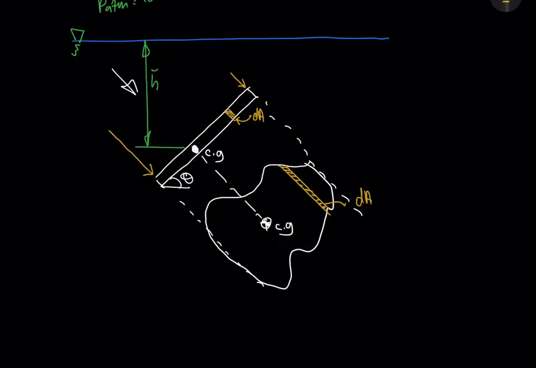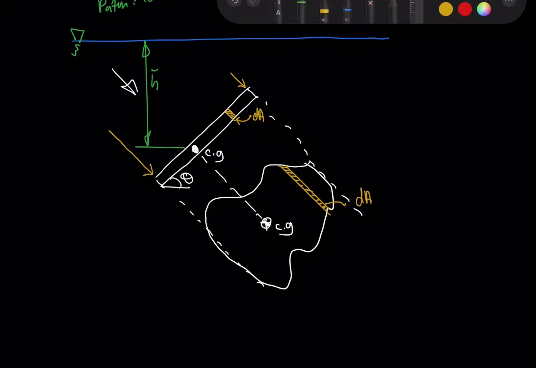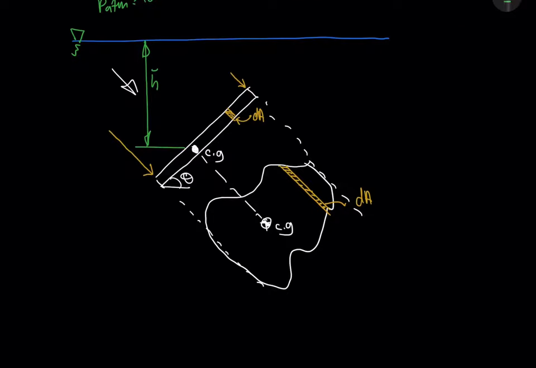So let's assume the distance from the dA to the free surface here is called h. And of course when you have an area and a fluid in front of it, there must be a force.